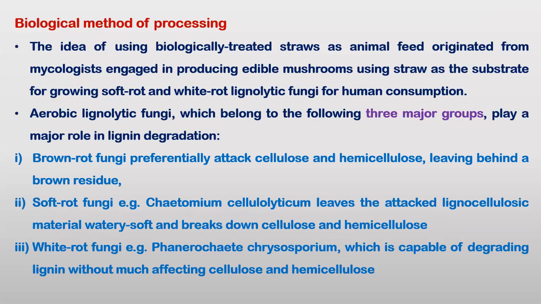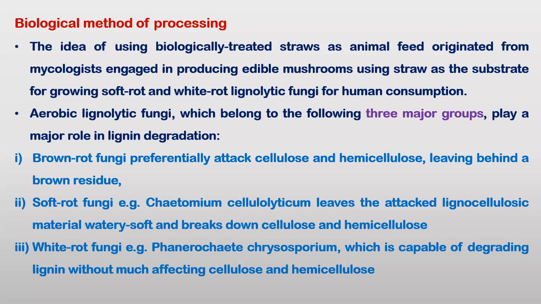Next is the biological method of processing of quality roughages. Actually, there are 3 major groups: brown rot fungi, soft rot fungi, and white rot fungi. Brown rot fungi preferentially attack the cellulose and hemicellulose part of the roughages and leave behind a brown residue.